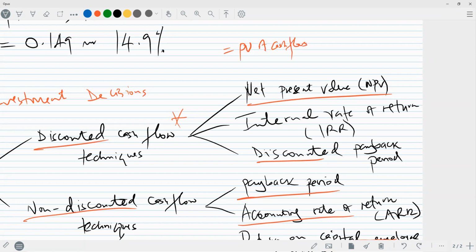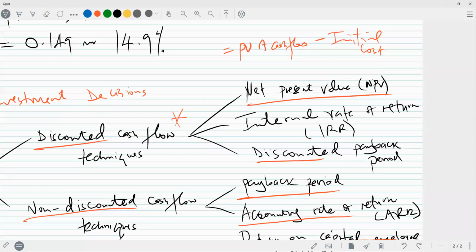We compare that with how much you invested. What was your initial investment? We subtract the initial cost. In short, the NPV is the excess of cash you'll be receiving from the project, in present value terms, over what you spent.